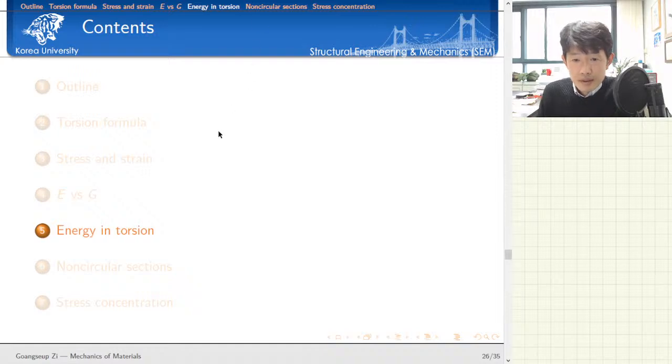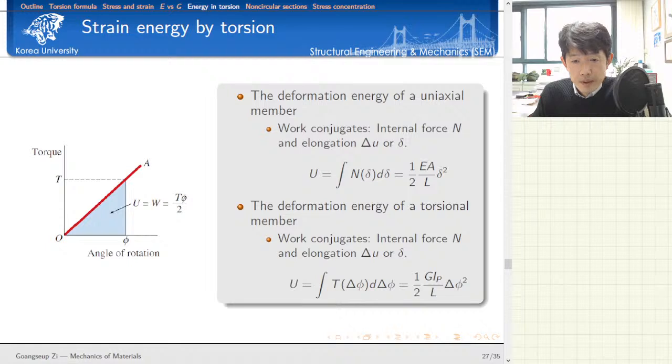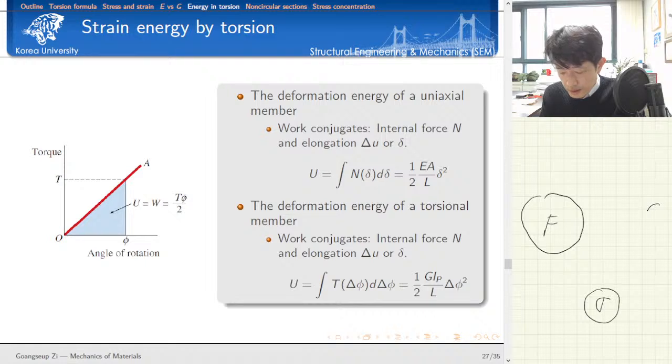Okay, today let's talk about energy and torsion. Please recall the diagram that I've been using many times. For example, I emphasize that we have force equilibrium, and then we have the stress, then strain, and then displacement, isn't it?